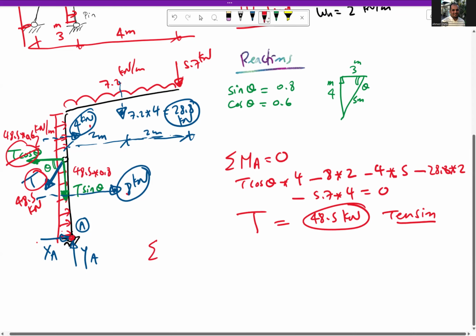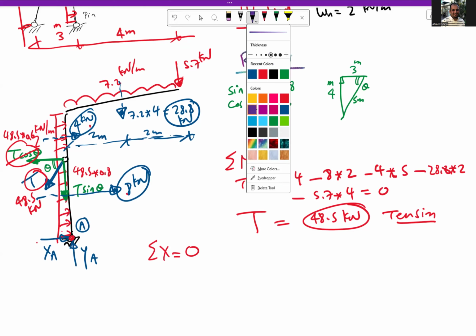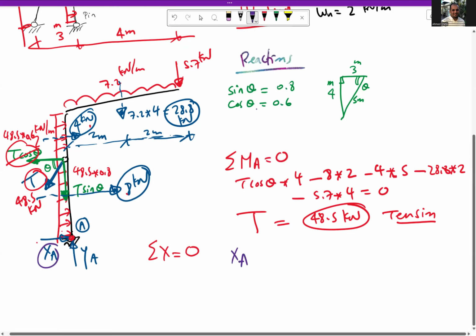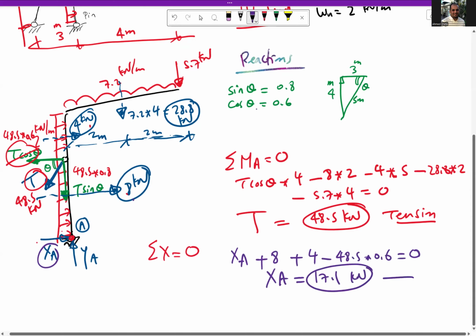If we apply summation x forces equal to 0, we have XA plus 8 plus 4 minus 48.5 times 0.6 should be equal to 0. From here, XA will be 17.1 kilonewton. Positive means the direction we assumed is correct. So this XA is 17.1 kilonewton.